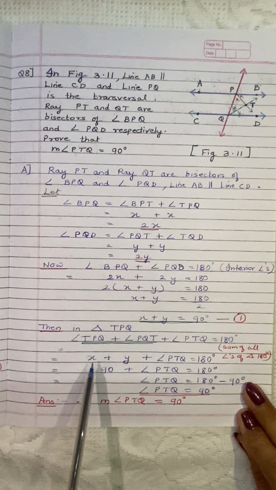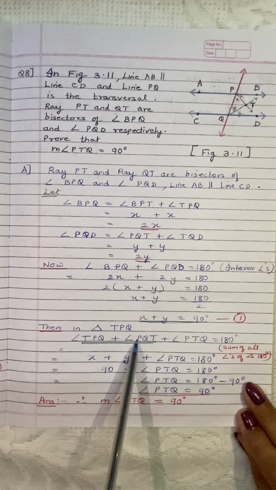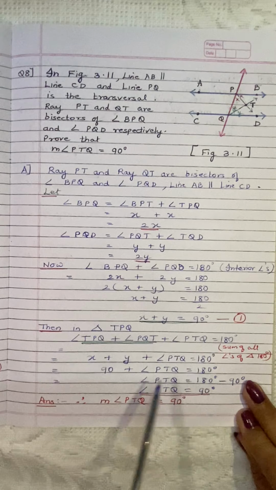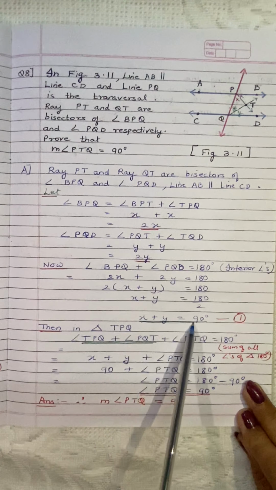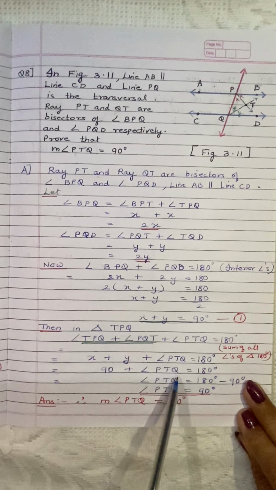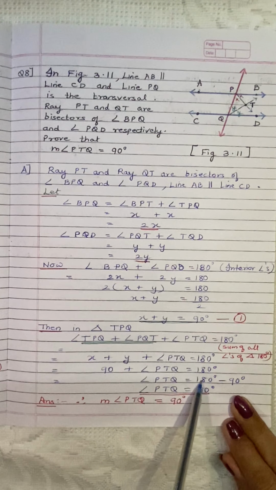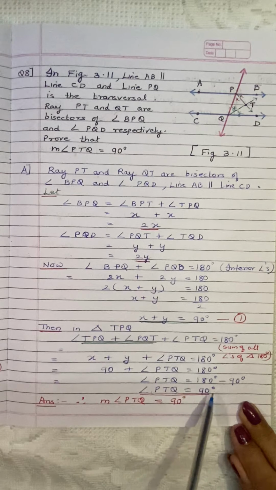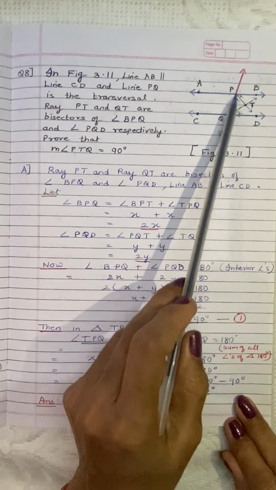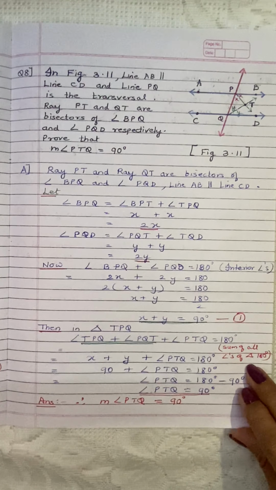So putting in the values, TPQ is x, PQT is y, and angle PTQ, the sum is 180 degrees. We substitute x plus y with 90, so angle PTQ is equal to 180 minus 90, which is 90. So the measure of angle PTQ is 90 degrees.